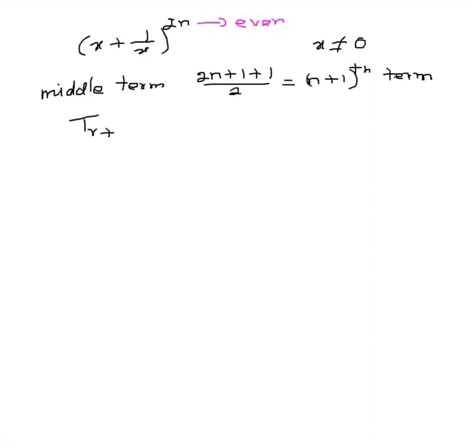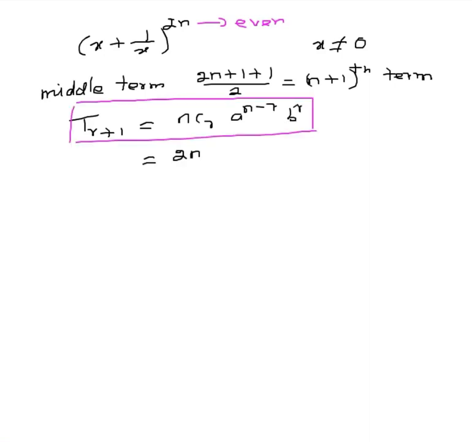Let us write the general term formula, which is nCr a^(n-r) b^r. In this expansion, n is 2n, a is x, and b term is 1/x. We are going to write the middle term, which is T(n+1). 2nCr, r should be taken as n.